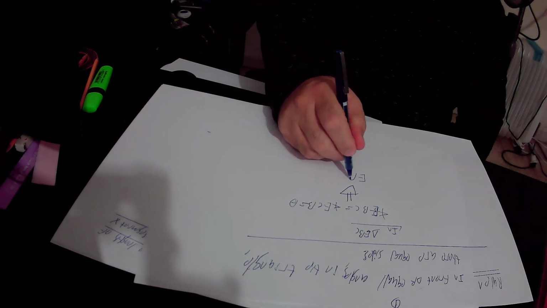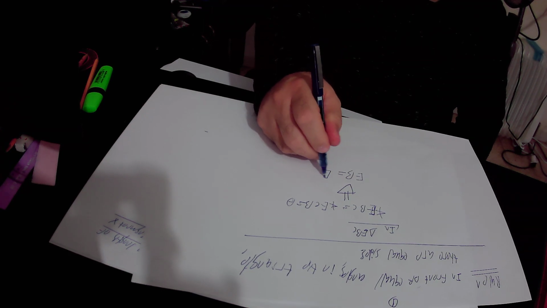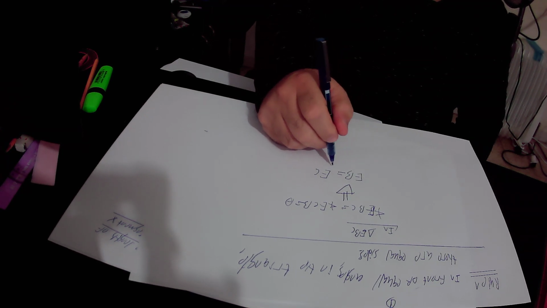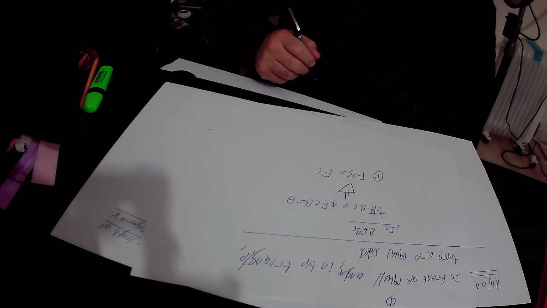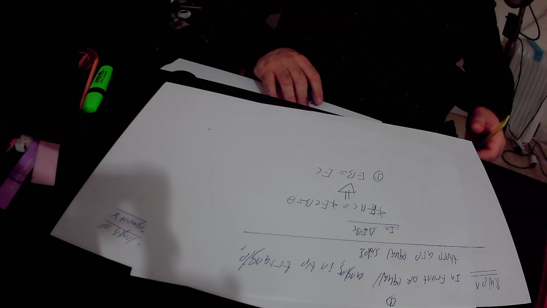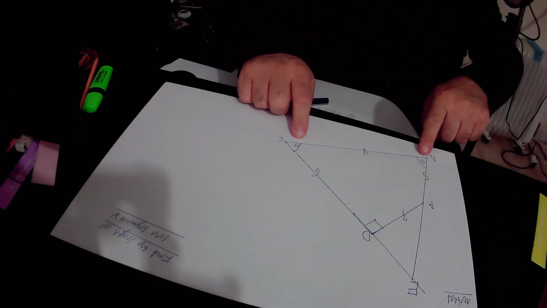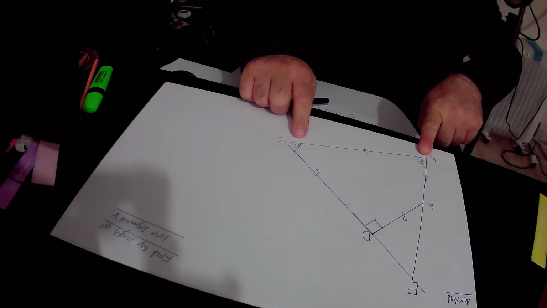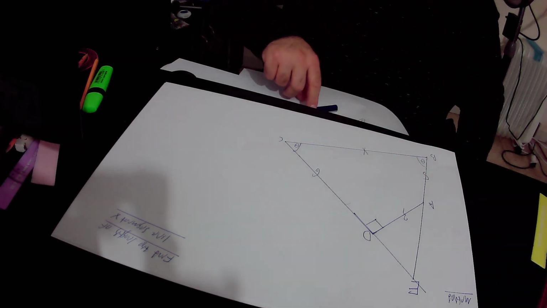Side EB equals side EC. Because in front of those two equal angles there are equal sides, it means that EB must be equal to EC.